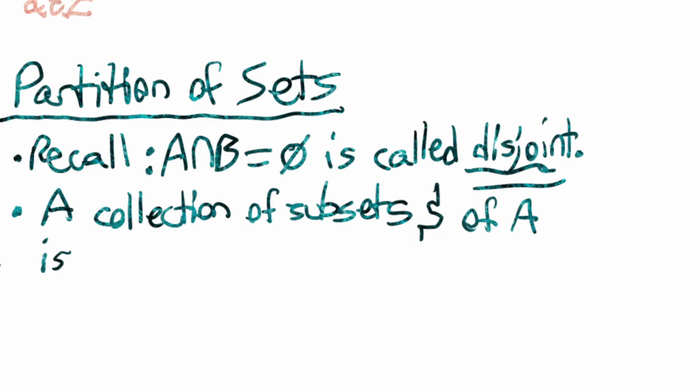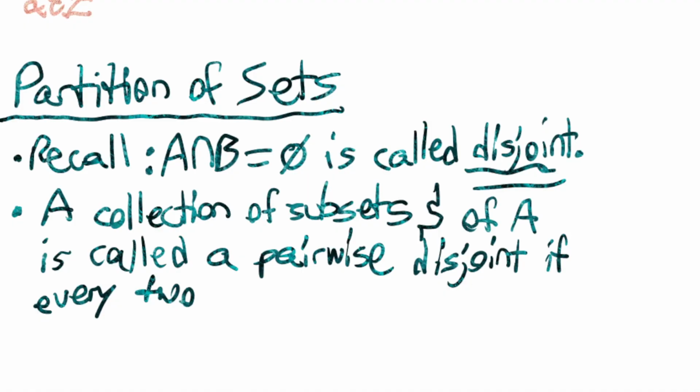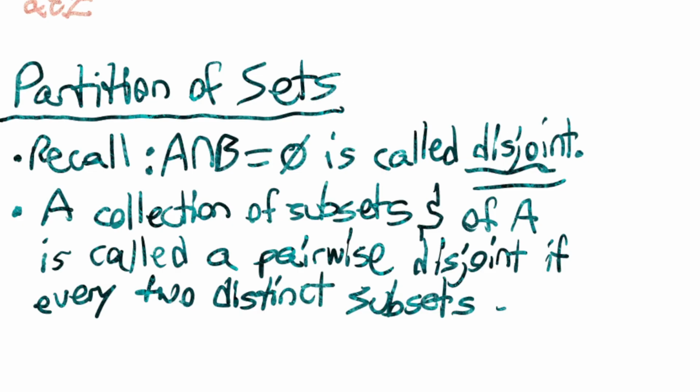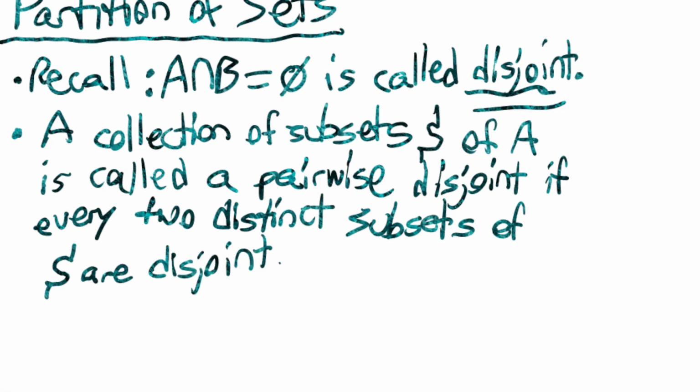A subset S of A is called pairwise disjoint if every two distinct subsets of S are disjoint.